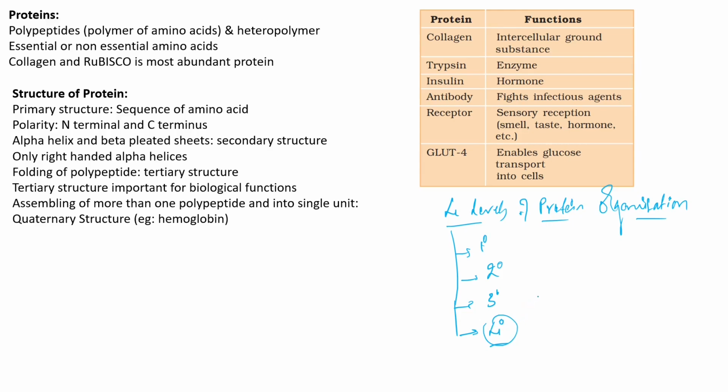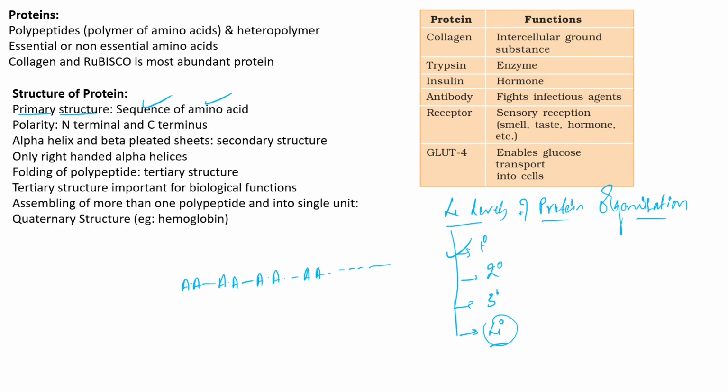The simplest level of organization is the primary structure. Let us look into what these structures actually mean. The first structure is the primary structure, which is the sequence of amino acids. What do we mean by sequence of amino acids? In the beginning of the class, we mentioned that I link one amino acid with another amino acid, and similarly with another, and so on.